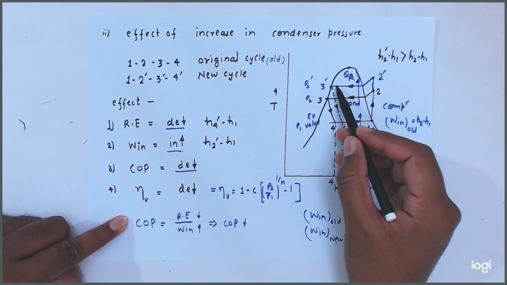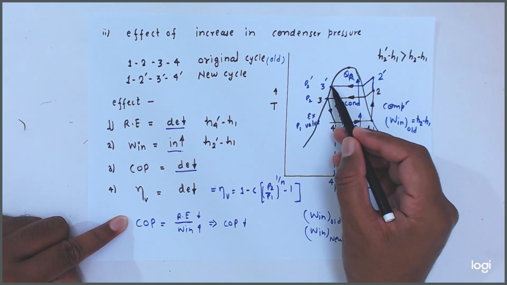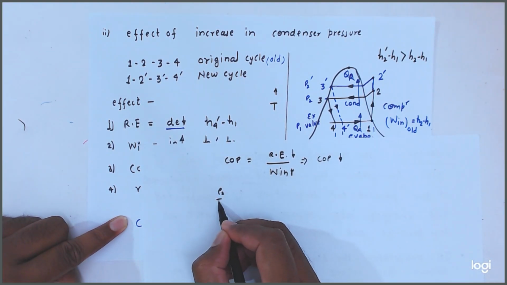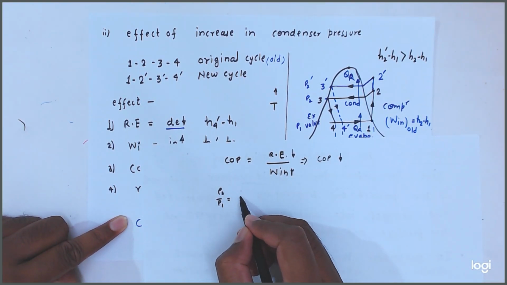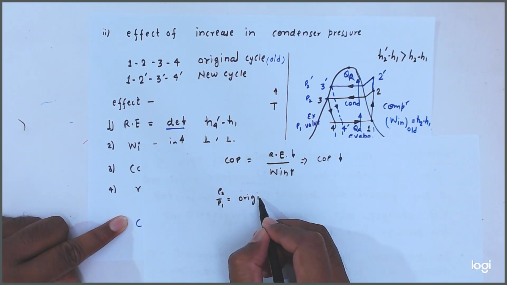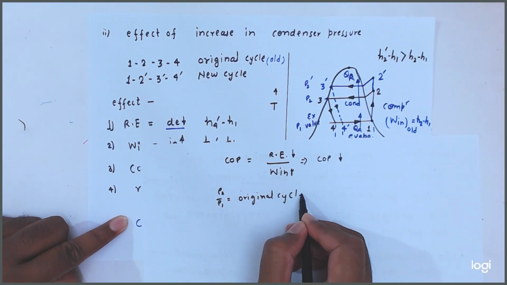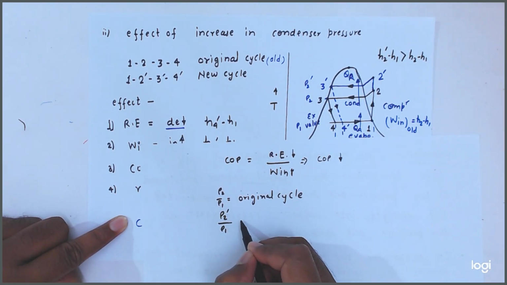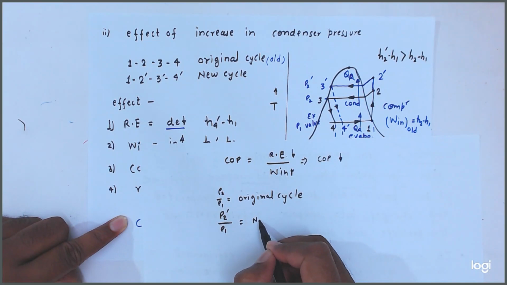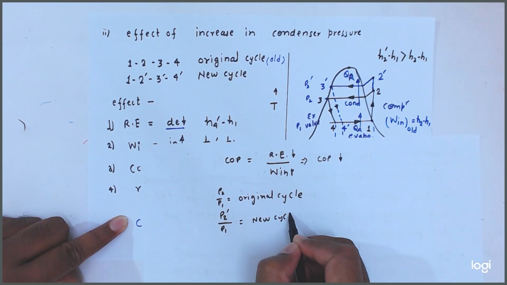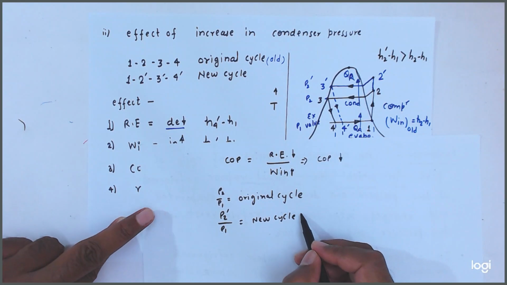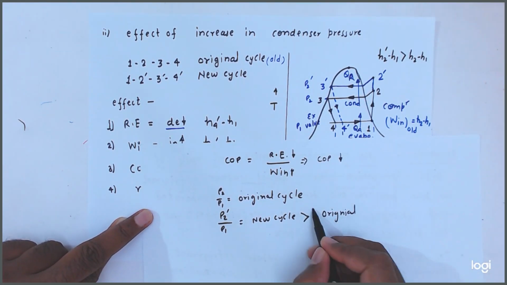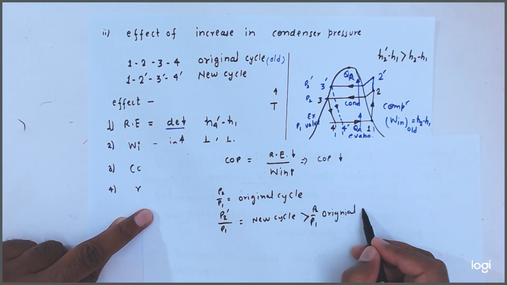Now you see here friends, pressure increased. So this P2 upon P1 is the pressure ratio for the original cycle. Now this P2 dash upon P1 is the pressure ratio for the new cycle. Getting friends? And this is greater than the original cycle.